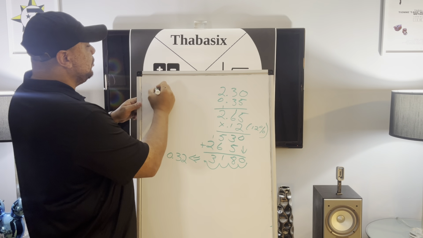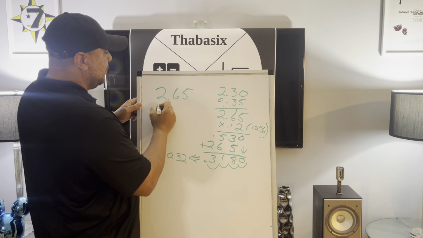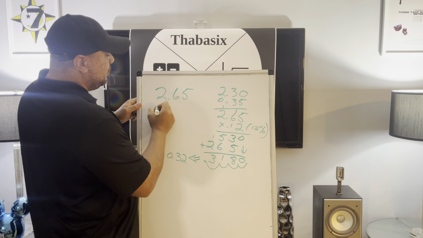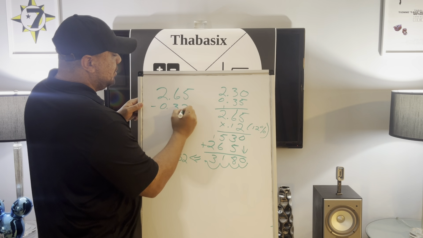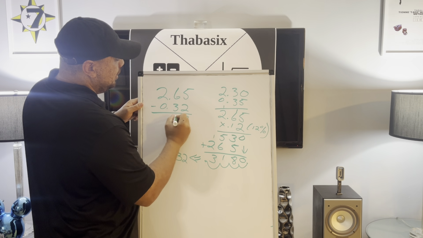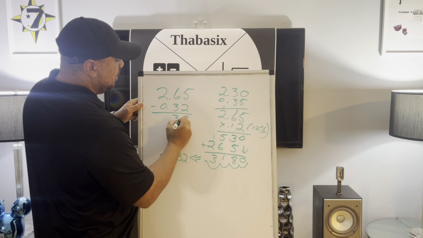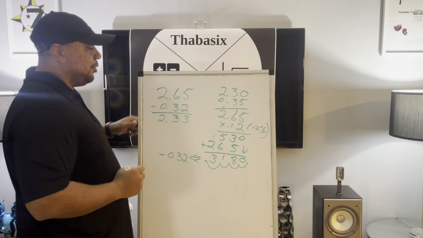So then we take the $2.65 minus the 32 cents. Okay, that's 3. That's 3. So $2.33.